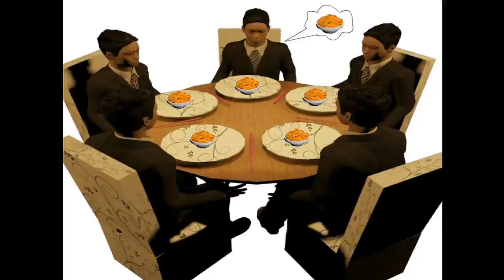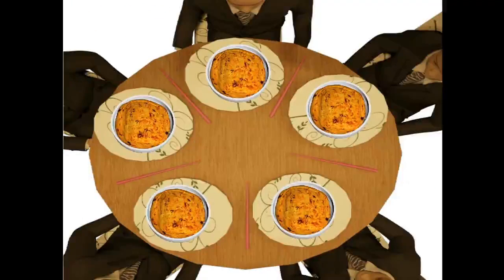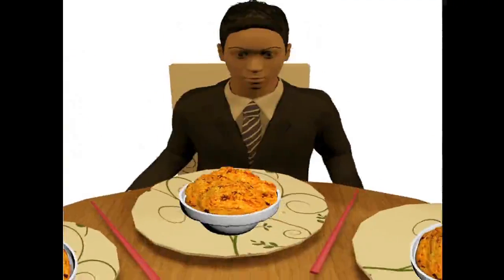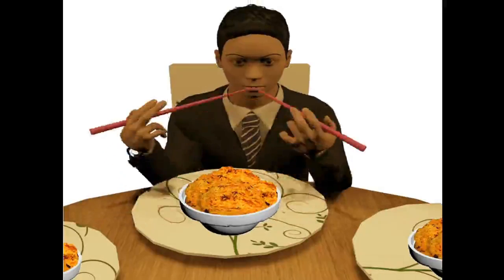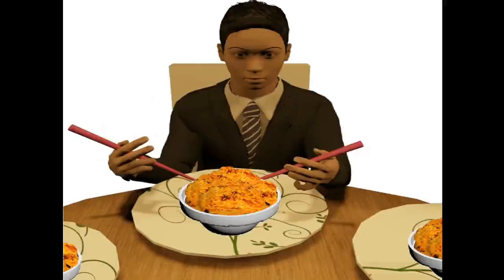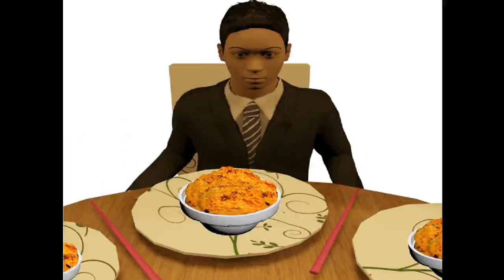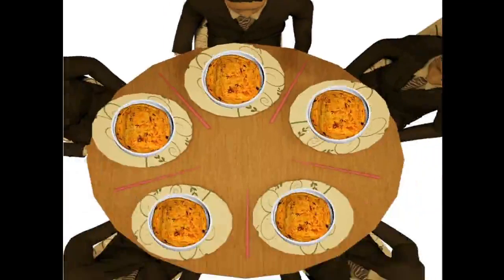Though there are 5 bowls of rice, one for each philosopher, the chopsticks are placed between each pair of adjacent philosophers. As you can see, this philosopher picks up 2 chopsticks and has his bowl of rice. After he is done eating, he places the 2 chopsticks back in their place and continues to think.